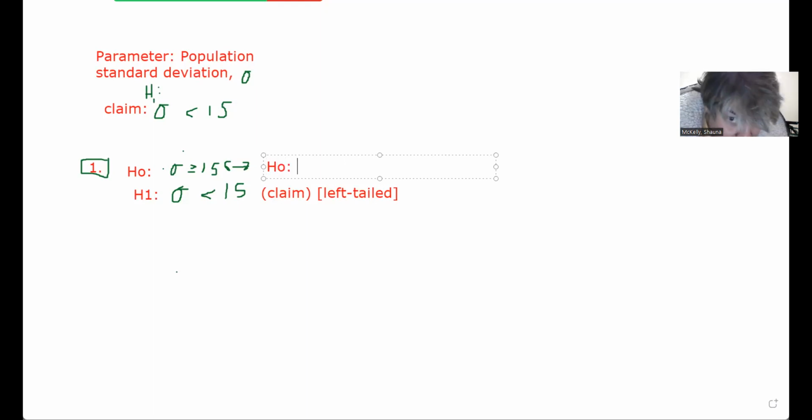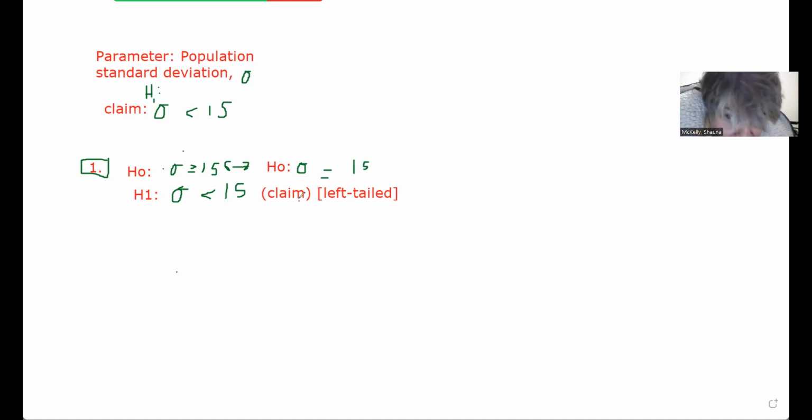So H0 here, your equivalent to this would be sigma equal to 15. This is my statistical equivalent. This is optional. This is step one.